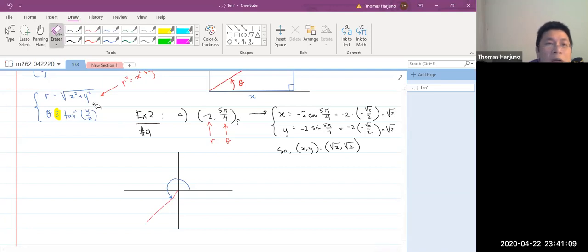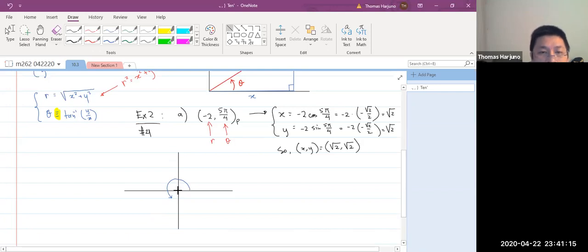Now, it's supposed to be in that direction, right? It's supposed to be shooting in this direction, but because the radius is negative 2, we actually shoot backward 2 units. Okay, so this is our 5 pi over 4.